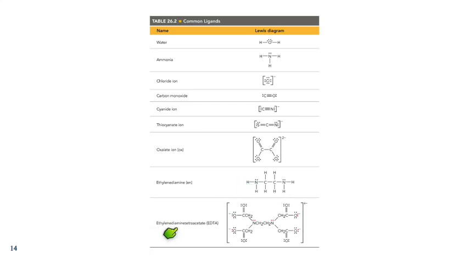And then this is ethylene diamine tetraacetate, or EDTA. And if you read labels on food and different things, you may see EDTA. This is a very common substance. So here we've got our diamine, right? Our 2 nitrogens, just like in ethylene diamine.